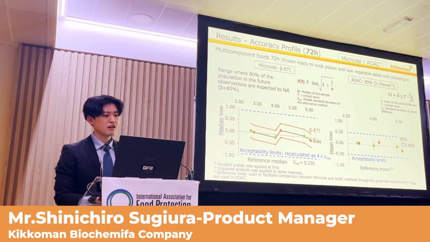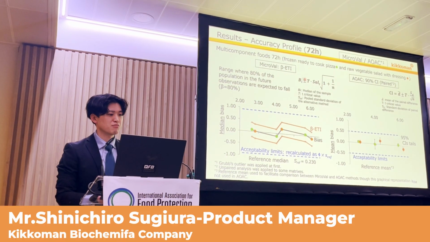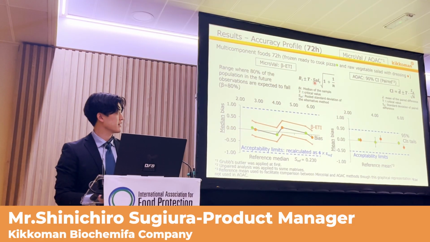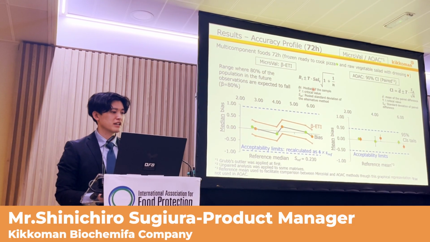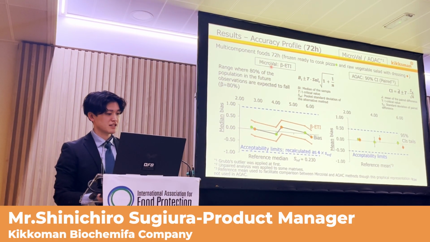And although the study experimental design basically is the same on MicroVal and AOAC side, the statistical methods applied are different. Let me explain taking multi-component category as an example.